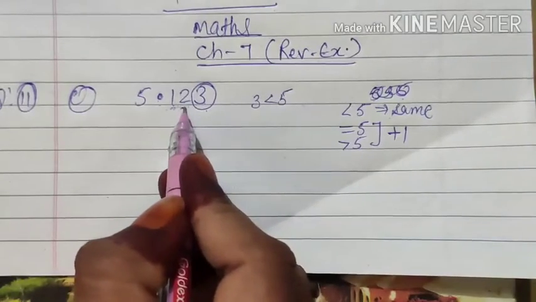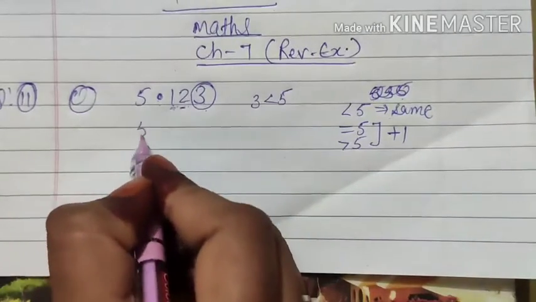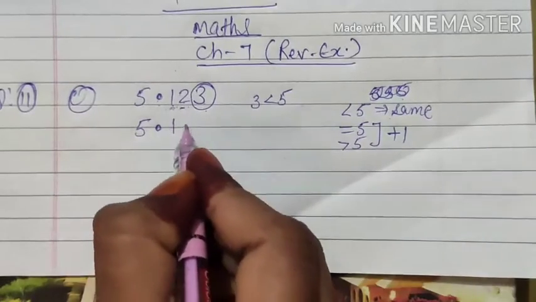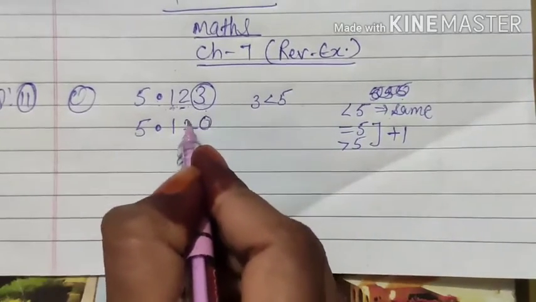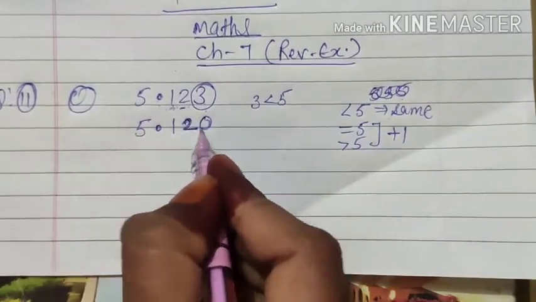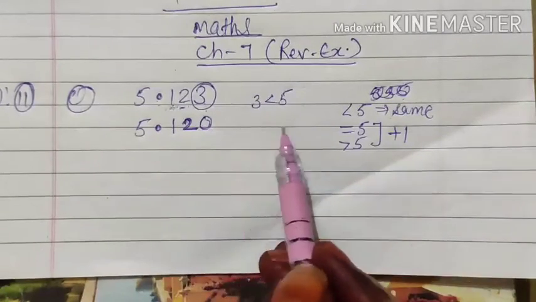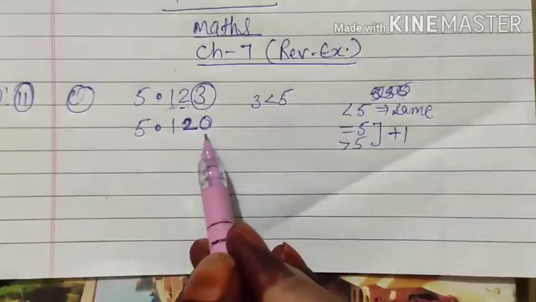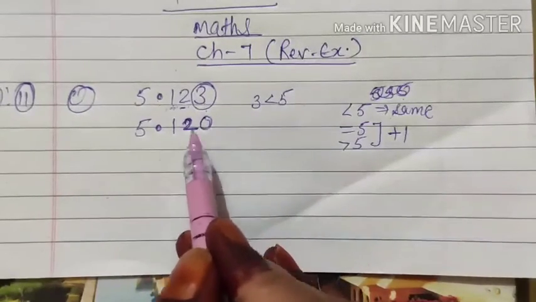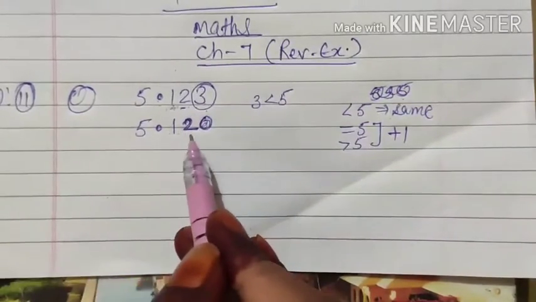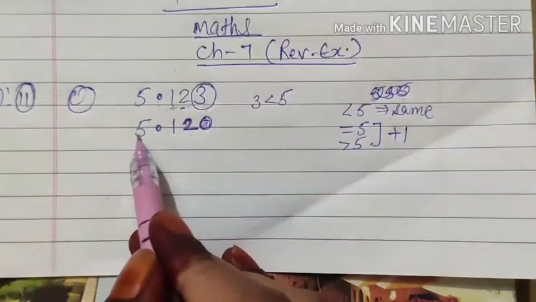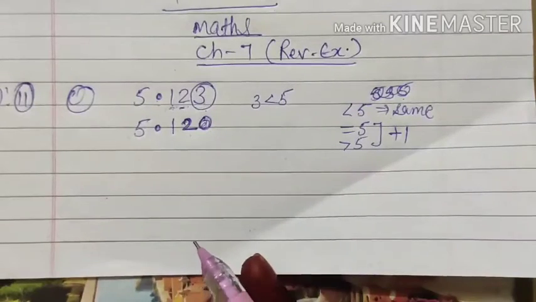This 2 will remain as it is. So we will write 5.12. Here the 0, if you want, you can write. If you don't want, there is no need, because generally after the decimal these zeros don't mean anything. So in answers sometimes it may be given as 5.12, that can be your answer, or 5.120, that can be the answer.